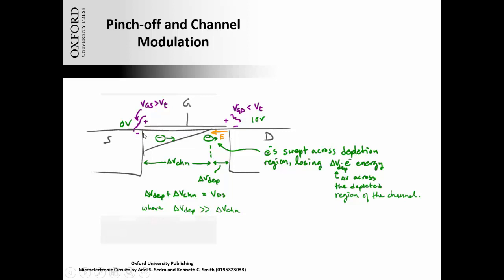Because I have an overall 1 volt potential here between the source and up to this point. So there's going to be an acceleration, a velocity to these electrons moving to the right. They get to this point here, and suddenly they go from having a relatively small electric field, 1 volt spread over the length of most of this channel, right? Small electric field. Now suddenly they have this 9 volts divided by this very small distance, right? And so they'll have a very strong electric field.